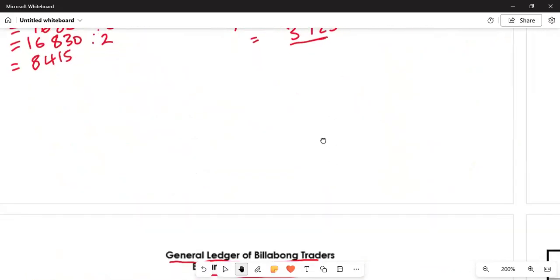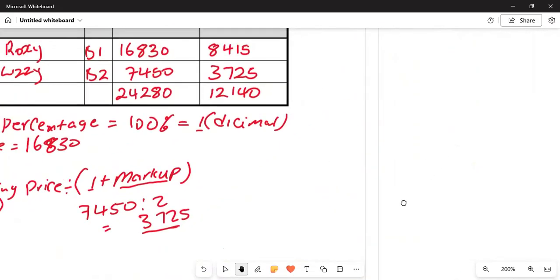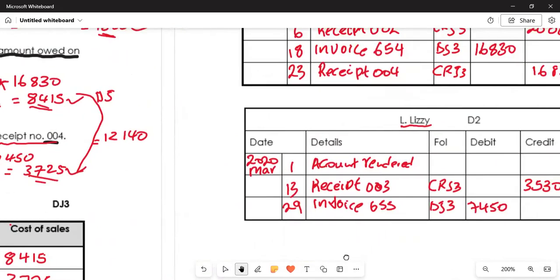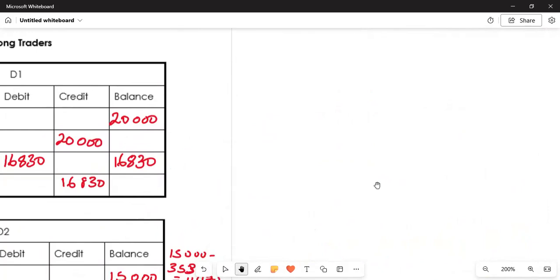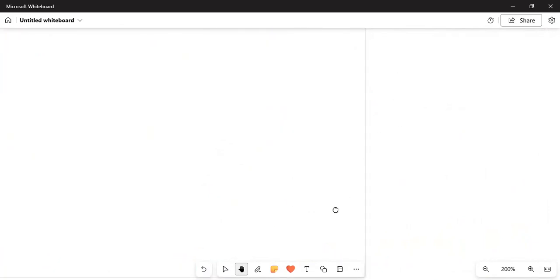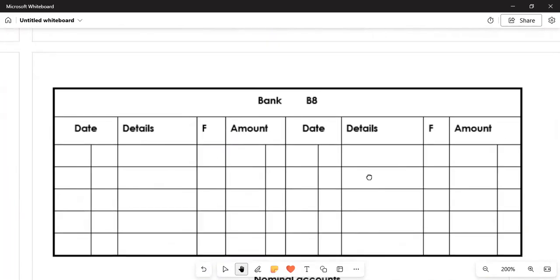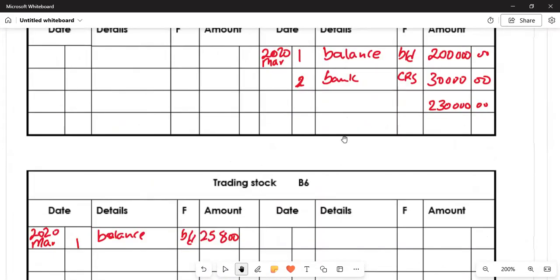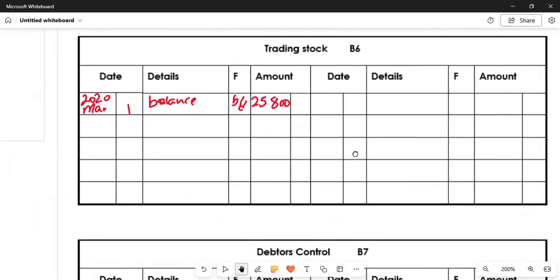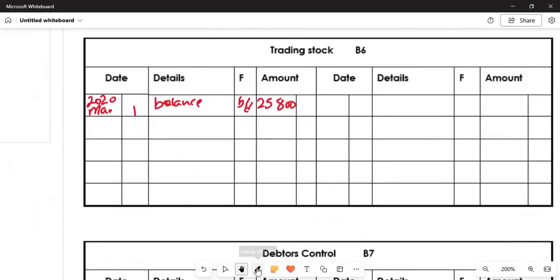So now let us quickly go straight to our answer book now. Not under debtors journal, but under trading stock. So here we are under our trading stock.